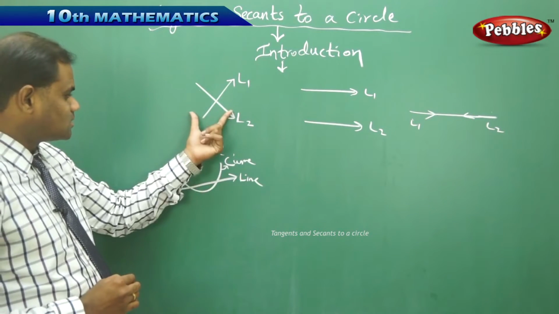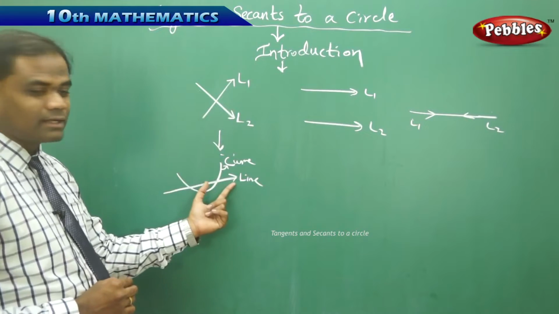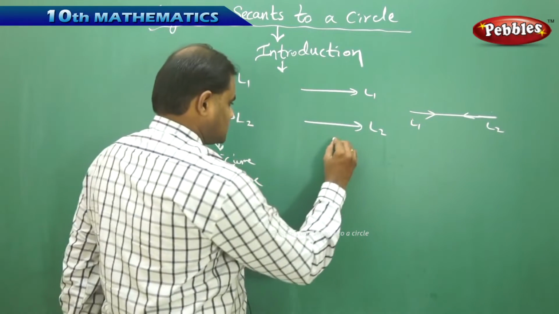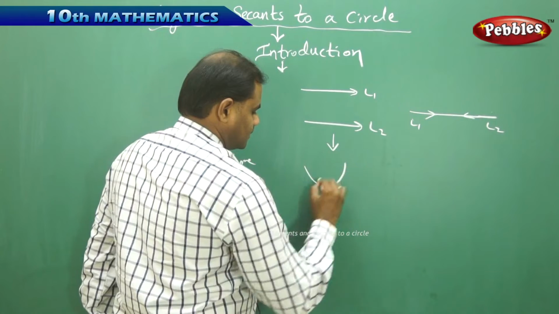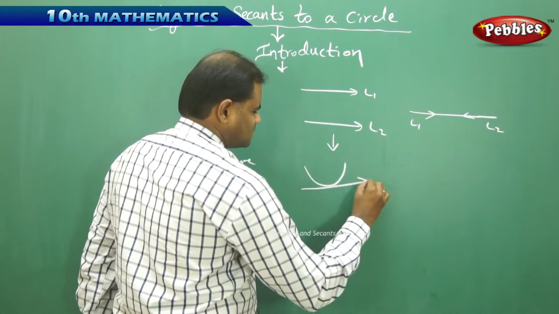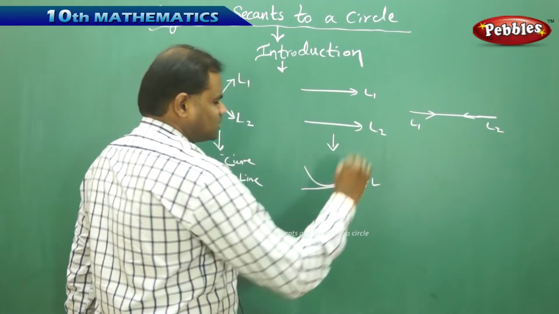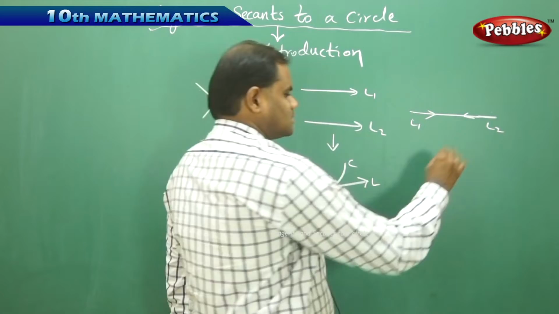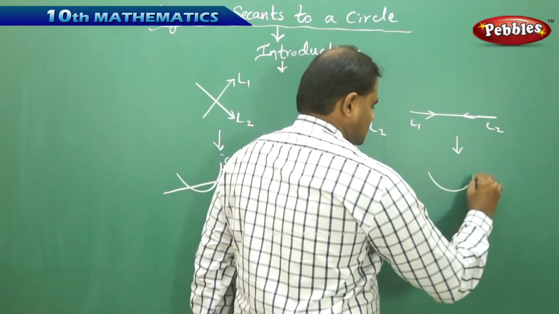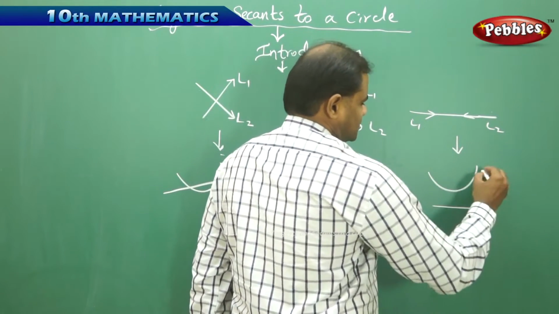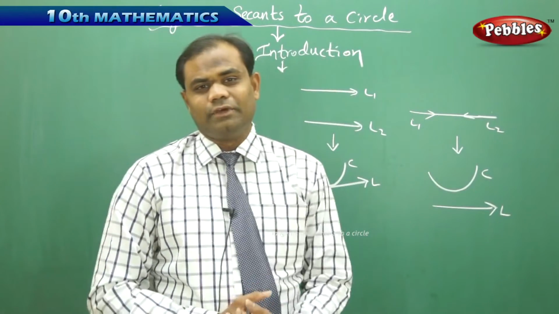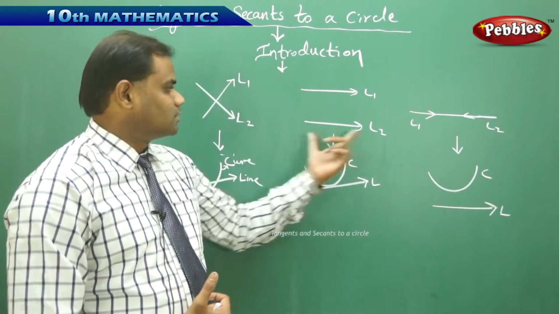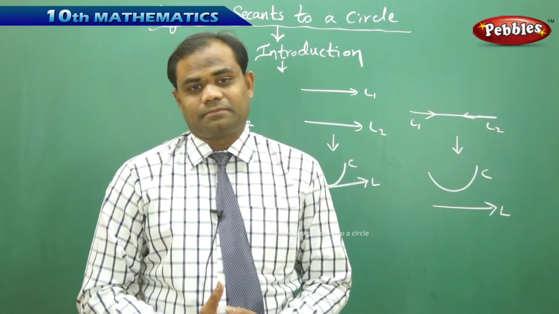In this case, we say a curve is intersecting the line, and in this case, we say a curve is touching the line, and in this case, we say the curve and the line are non-intersecting. This is how we have three different cases which we can compare with the three different cases of straight lines.